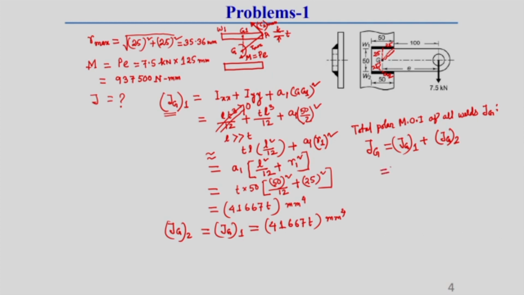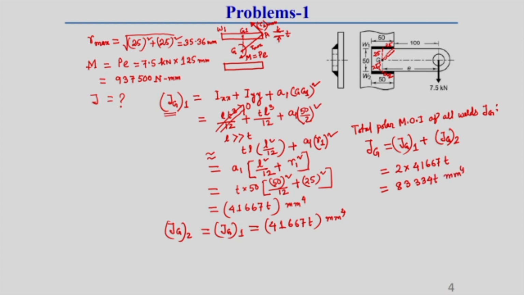So, this will be equal to 2 into 41667 T, which is equal to 83334 T millimeter to the power 4.